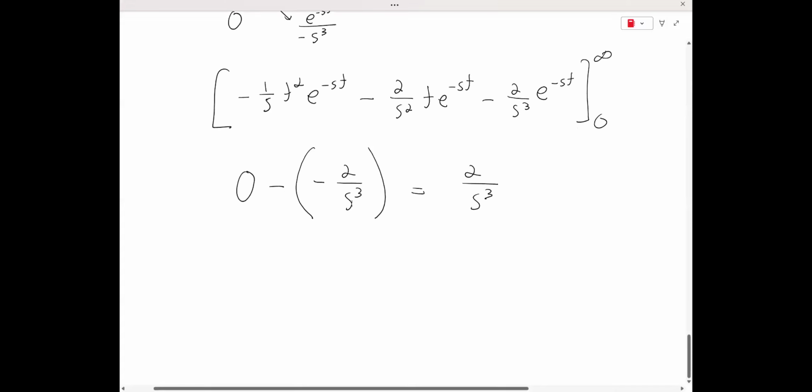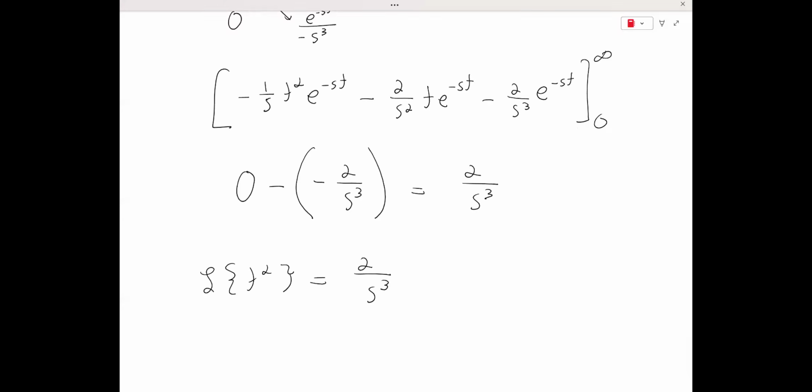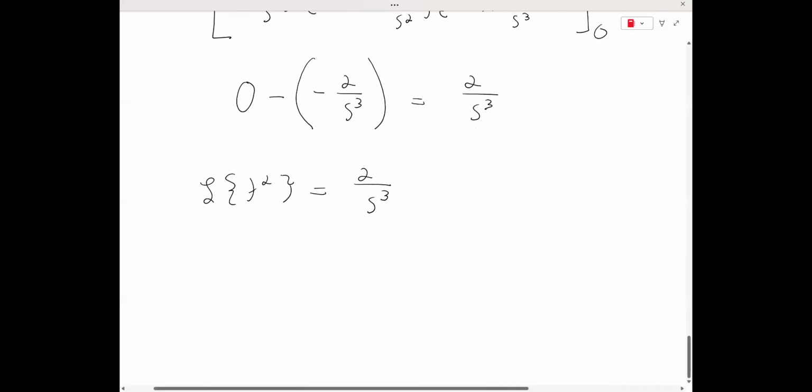So the Laplace transform of t squared is equal to 2 over s cubed.